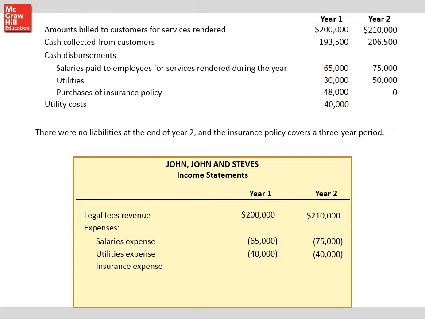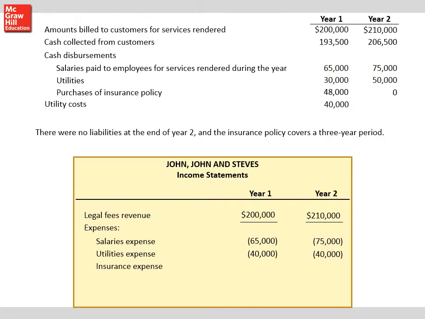So we must subtract that other $10,000 from the total amount paid for utilities in year two to find out the actual utility costs, and that's where the $40,000 comes from. I know that's a little weird, but since they're telling us how much cash was paid, we've got to convert that to accrual accounting, and that's what we're doing.